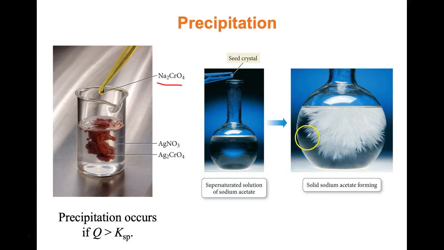And that's what's going on here in the two pictures. They put in a seed crystal, which is a crystal of sodium acetate. Once it hits that solution, that causes much, much more precipitate to happen. Dissolved sodium acetate clumps onto the seed crystal that was added to it, and it just mushrooms.